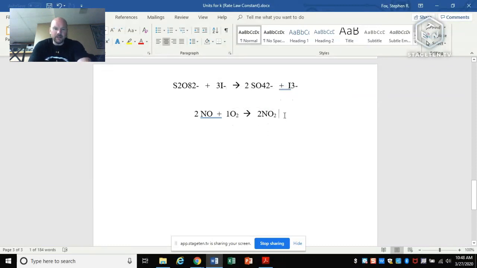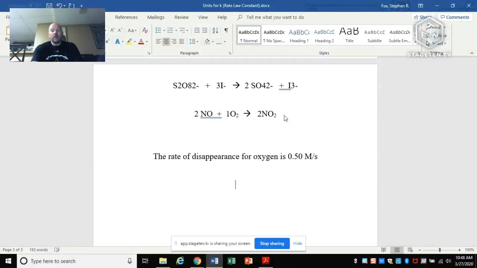So let's say the rate of disappearance for oxygen is 0.50 molarity per second, like you were told. What does that mean? It means you're losing that concentration of oxygen every second.